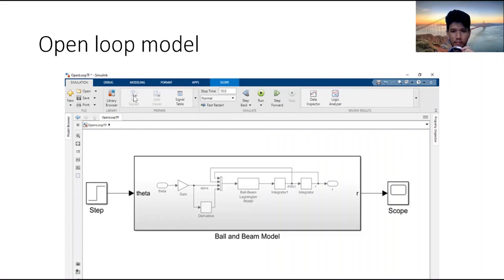Close the subsystem, then an untitled window with the input labeled data and output labeled R will appear. Label the subsystem block as ball and beam model by single clicking on it.